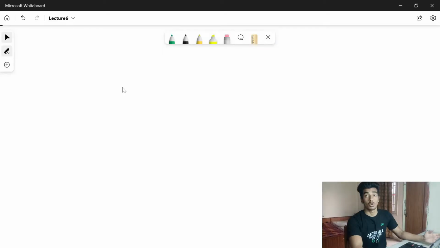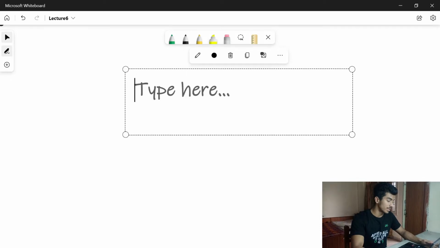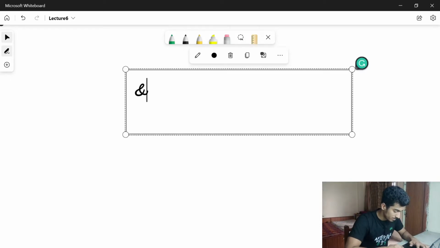And now let's talk about bitwise operators. So we can perform these three operators on two numbers. First bitwise AND, then bitwise OR, and then this XOR.